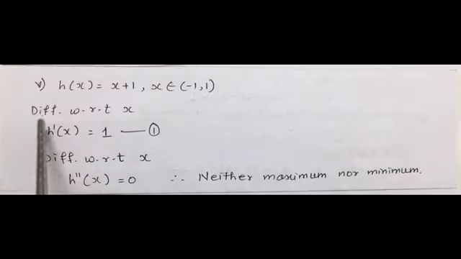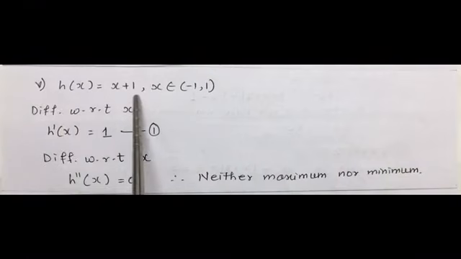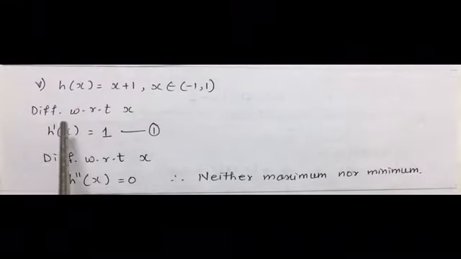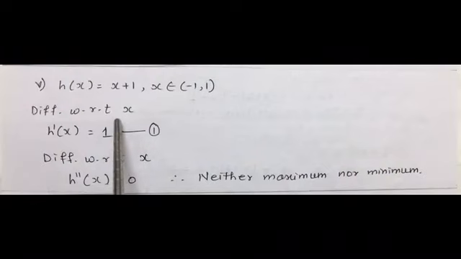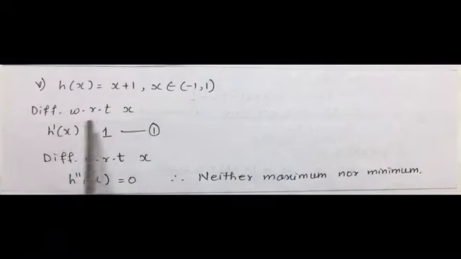Fifth one of question number 2 is h of x is equal to x plus 1, x belongs to -1 to 1. Here the interval is given. Now to find out whether it has a maximum and minimum value, we will differentiate h with respect to x. Differentiating h with respect to x, we get h dash x is equal to 1.